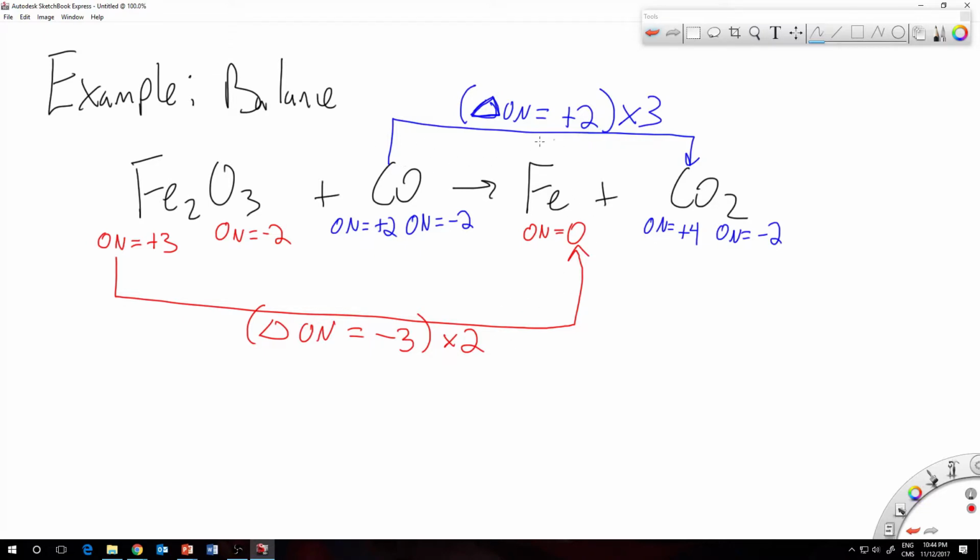So in order for the +2 change to occur 3 times, I need 3 carbon monoxides, because the carbons are going to be the ones giving up the electrons. So I need 3 carbon monoxides giving up 2 electrons each to become 3 carbon dioxides.